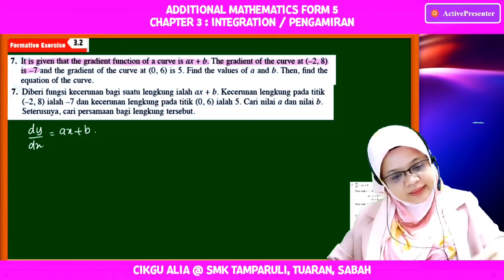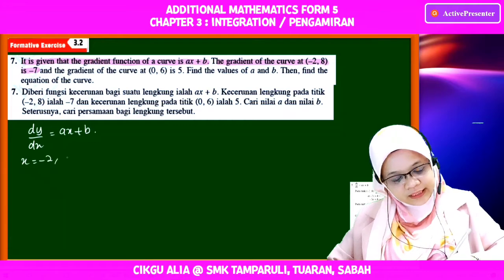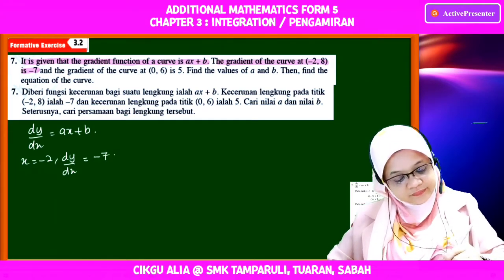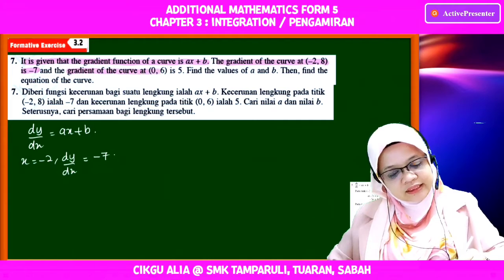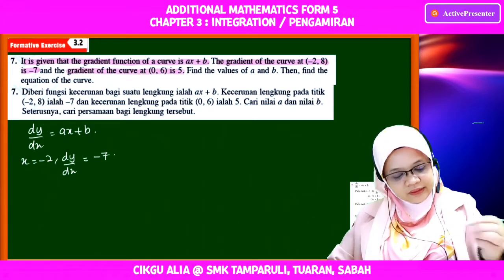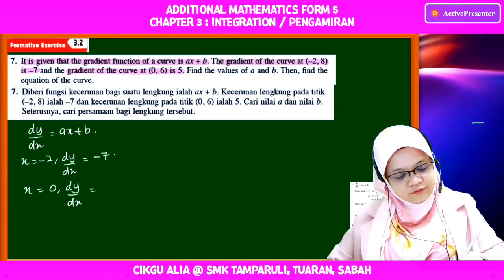Maksudnya when x equals negative 2, then dy/dx equals negative 7. And then the gradient of the curve at (0, 6) is 5. Maksudnya when x equals 0, then dy/dx equals 5.